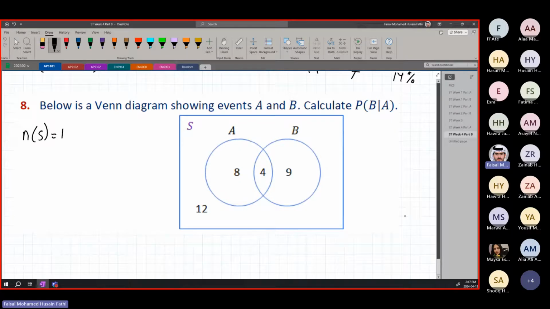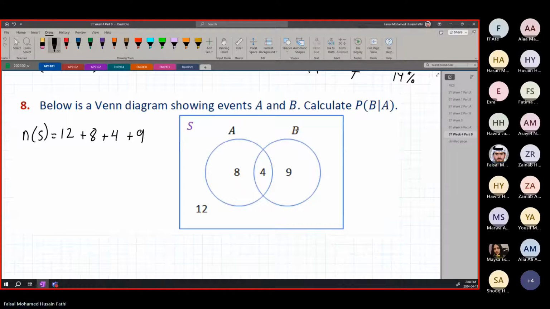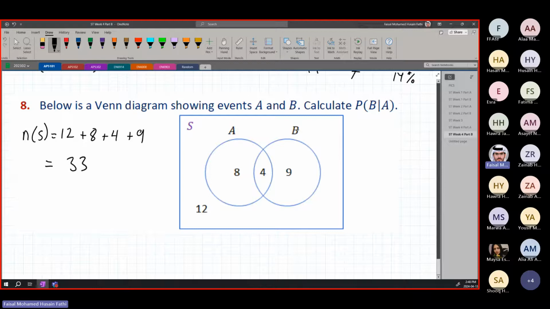It's equal to 12 plus 8 plus 4 plus 9, because it has to be equal to everything inside the box. We have 12 over here, A is 8 and 4, and B is 4 and 9. So 4 is the common part between A and B. This is equal to 12 plus 8 plus 4 plus 9, which is 33.